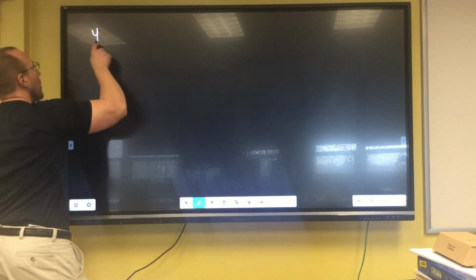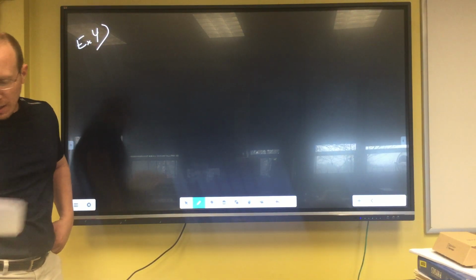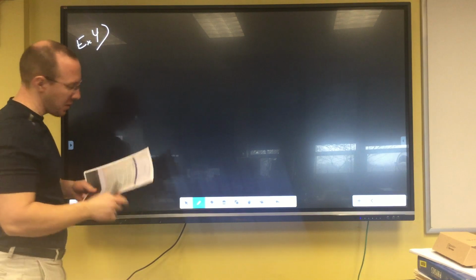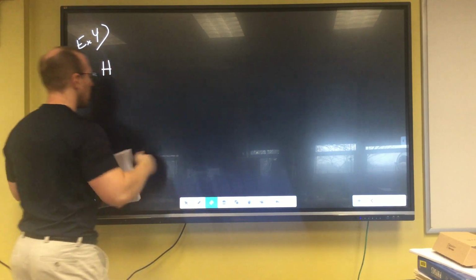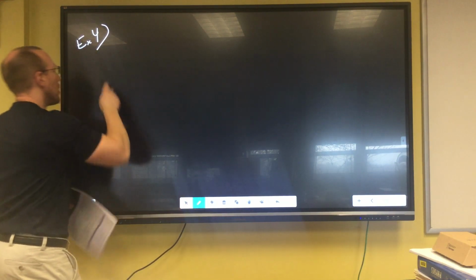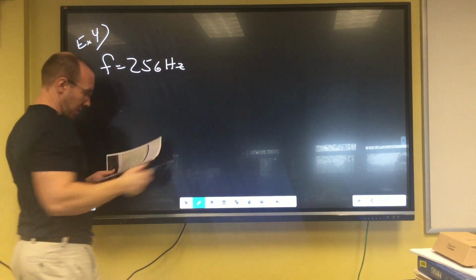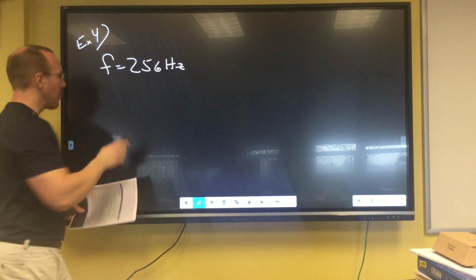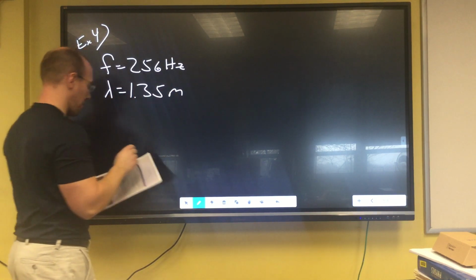All right, and number 4. A tuning fork produces a sound, frequency 256 hertz, and the wavelength in air is 1.35 meters.